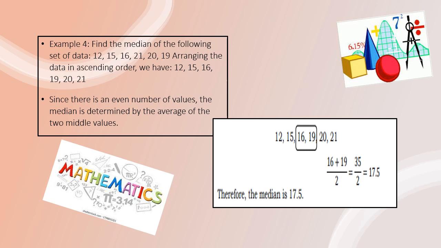So, in here, 16 plus 19 over 2, we have 35 divided by 2, 17.5. Therefore, the median is 17.5. Since there is an even number of values, the median is determined by the average of the two middle values. So our two middle values in the given set of data are 16 and 19. So just add the two middle values and divide it by 2, and the result is the median.